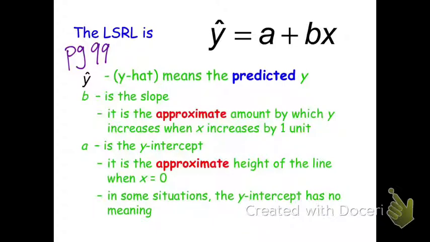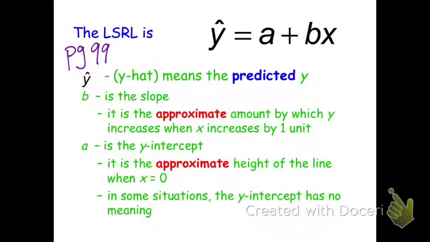So does it make sense in context for my x value to be 0? An example of where it doesn't make sense, if I were measuring height versus weight, is anyone on this earth 0 inches tall? No, it's not possible.